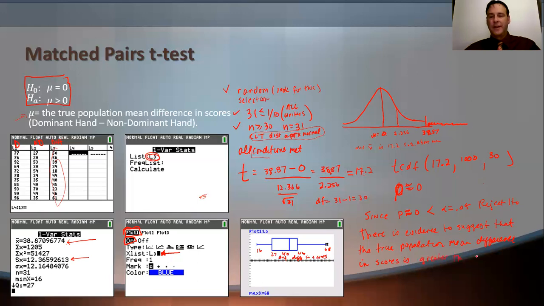And then once again, I'm going to indicate the direction: the dominant hand minus the non-dominant hand.